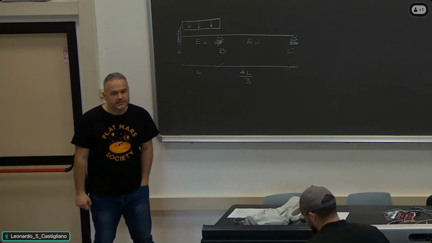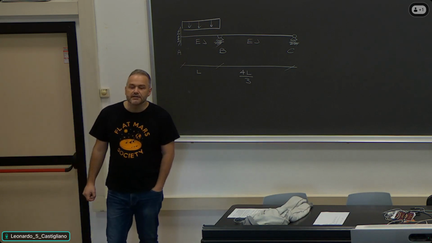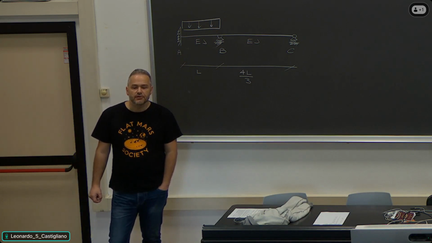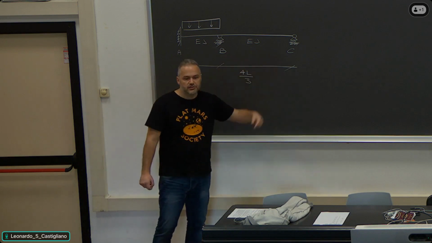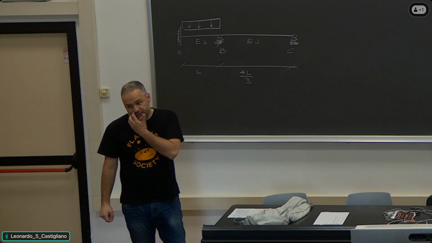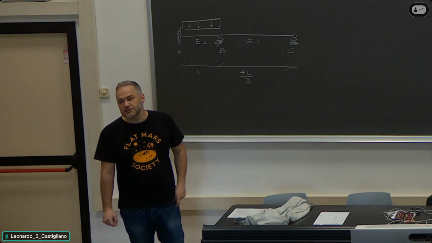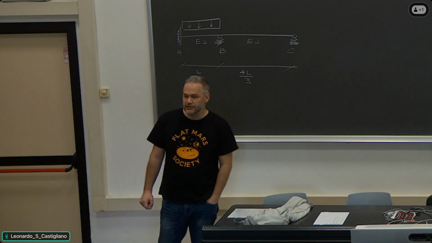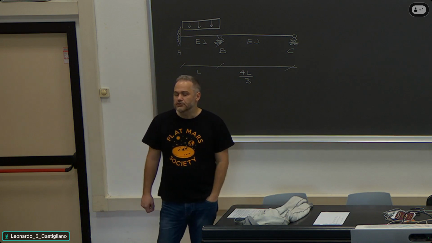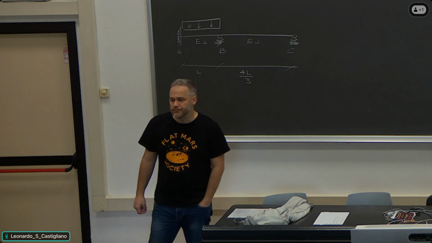Therefore, since the built-in edge would be enough to maintain equilibrium on the structure, we have 2 additional restraints, which means the structure is 2 times redundant. And this should guide you through the solution because it means you have to determine 2 unknown internal forces, reaction forces, whatever. Okay? That's the way to do the solution.